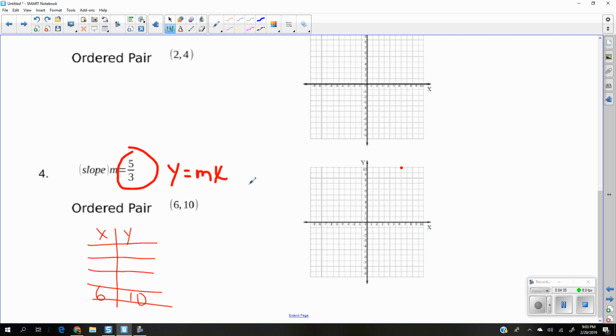All right, so we're going to still look at our formula, but let's say we want to say that X is 1.